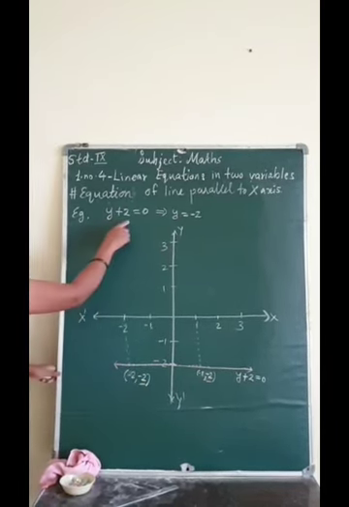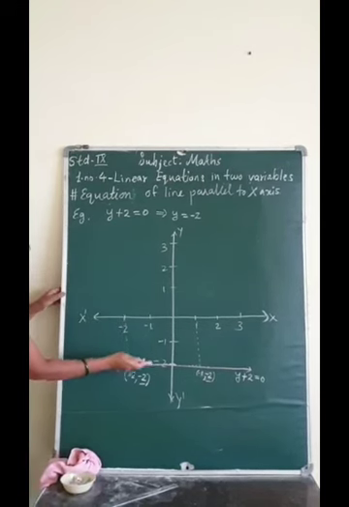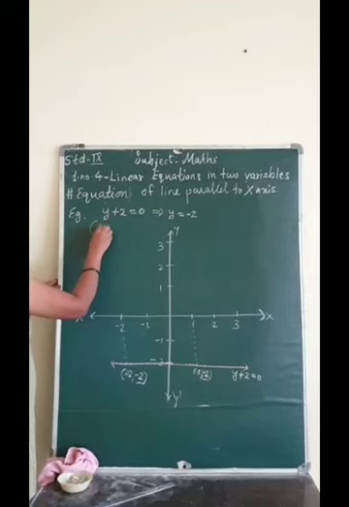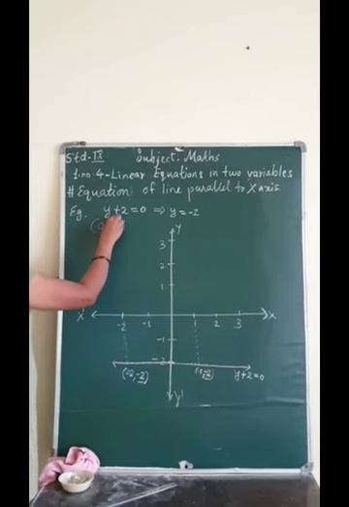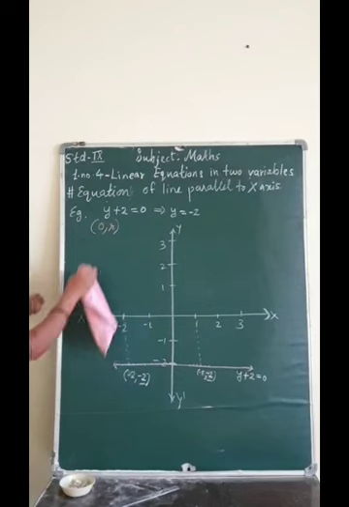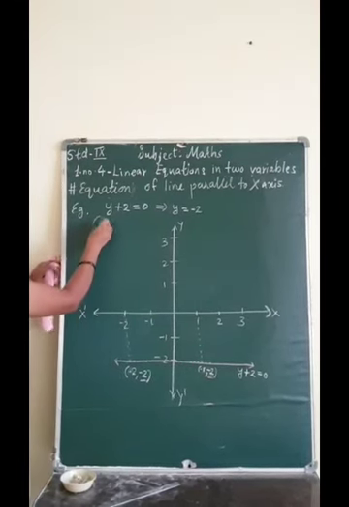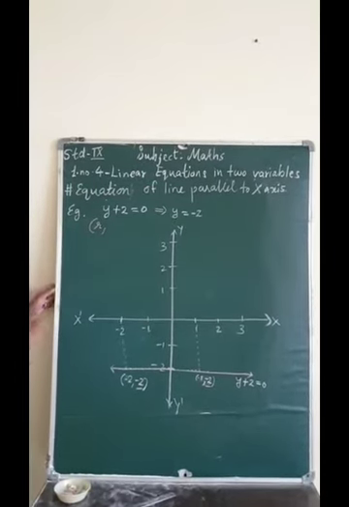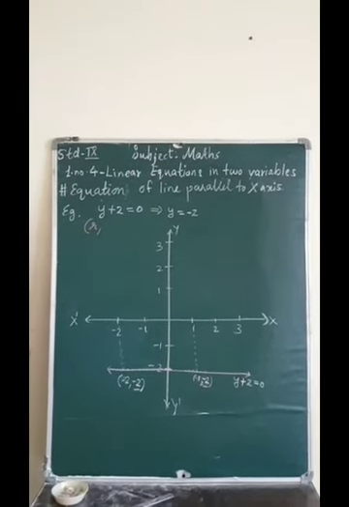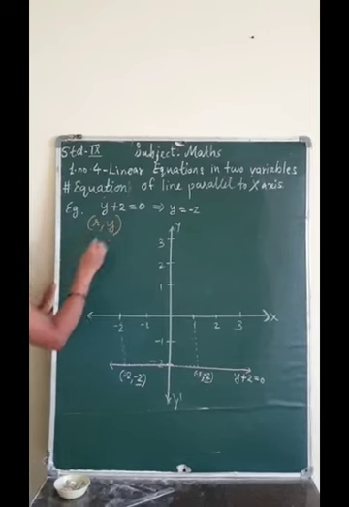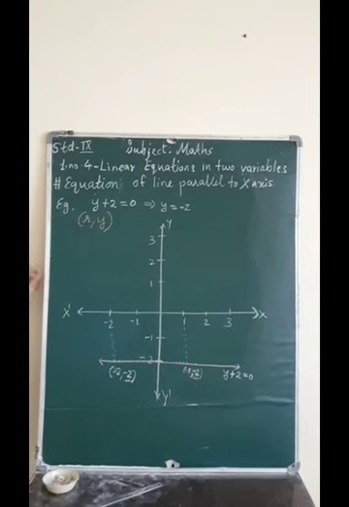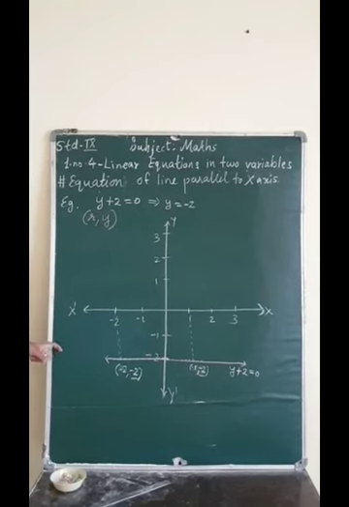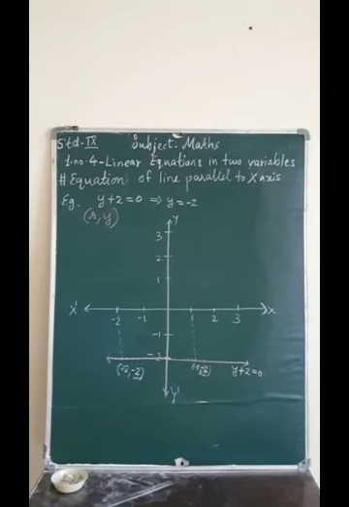The solutions of this equation, which is a line parallel to the x-axis, are of the form r, y. So I hope you have understood how the equations of lines parallel to the x-axis and y-axis are represented.